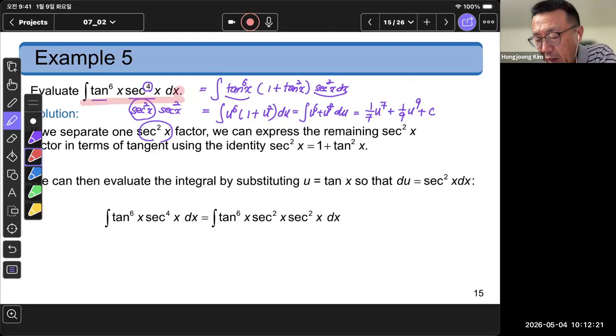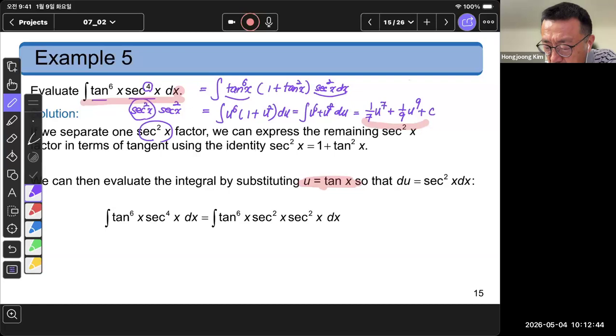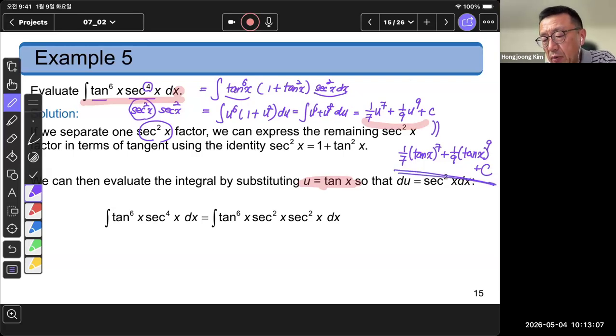What I have now is an expression in u. Since u was introduced to represent tangent x, I can go back to an expression in x by replacing u by tangent x. So that will be the final answer for this problem.